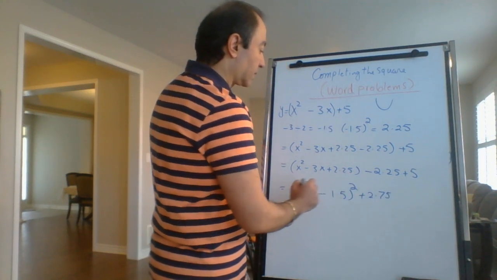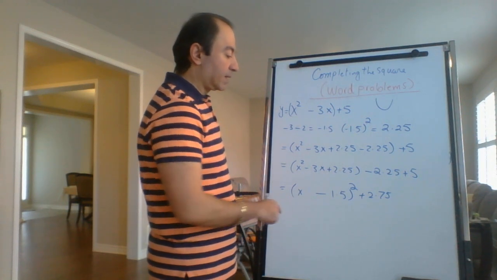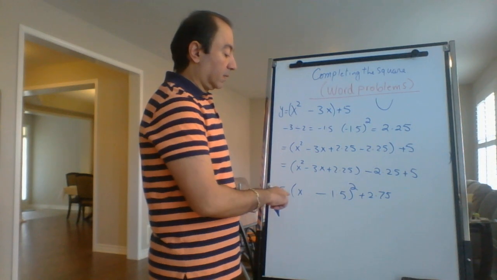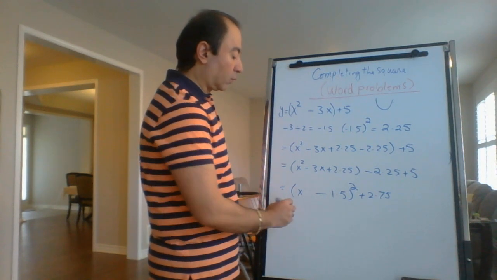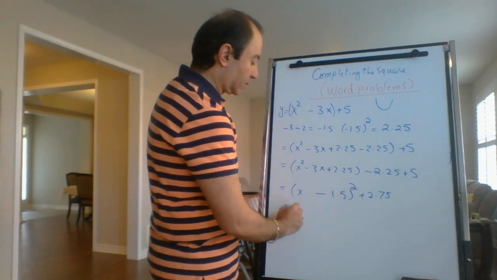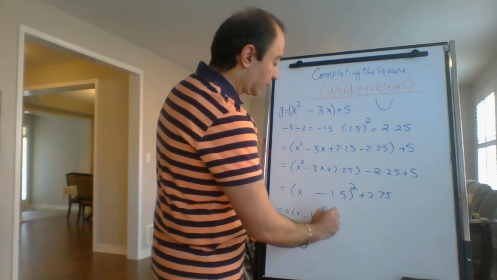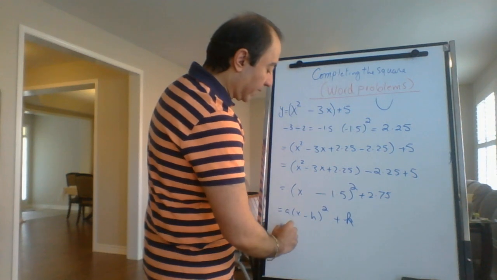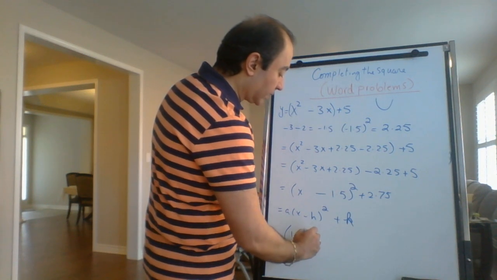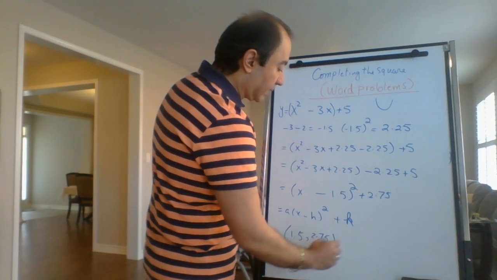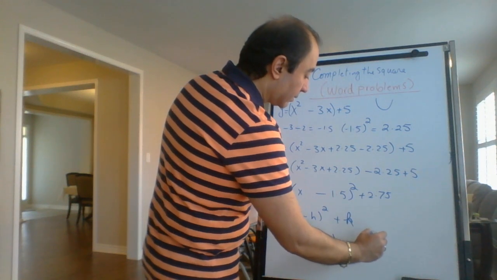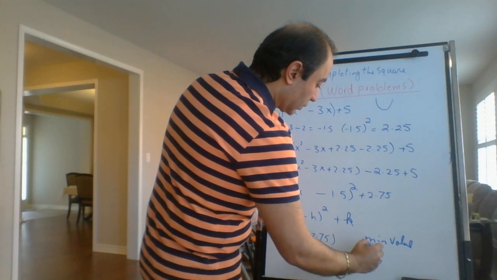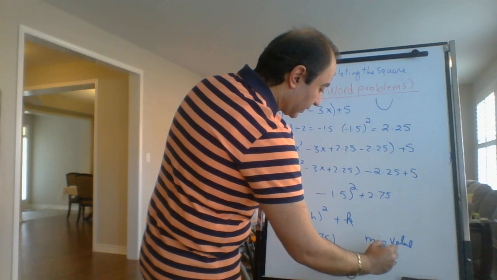Don't forget there is a square here, and this is the quadratic in vertex form, a(x minus h) squared plus k. The vertex is at 1.5 and 2.75, and the minimum value is 2.75.